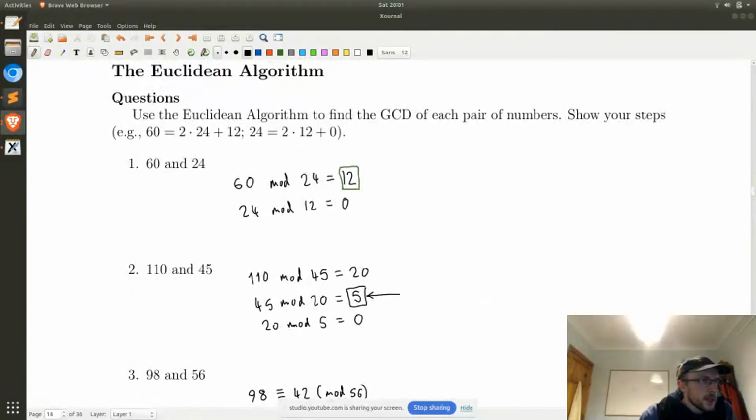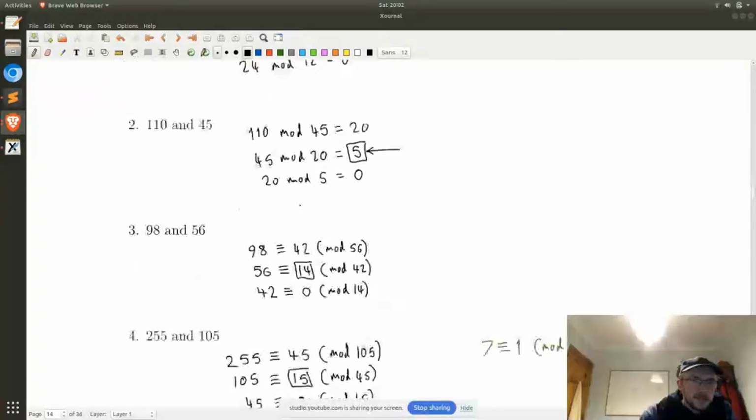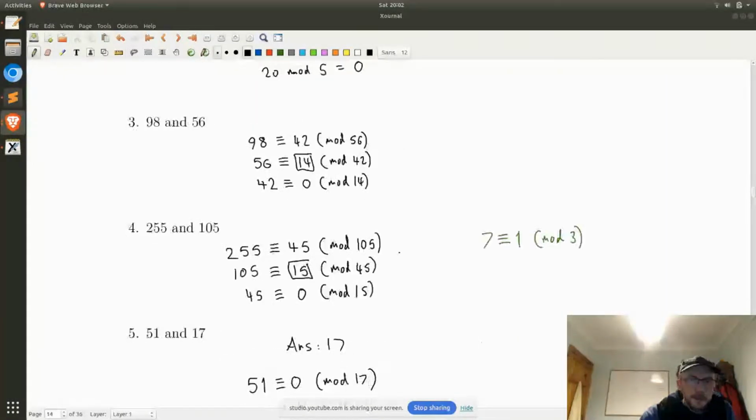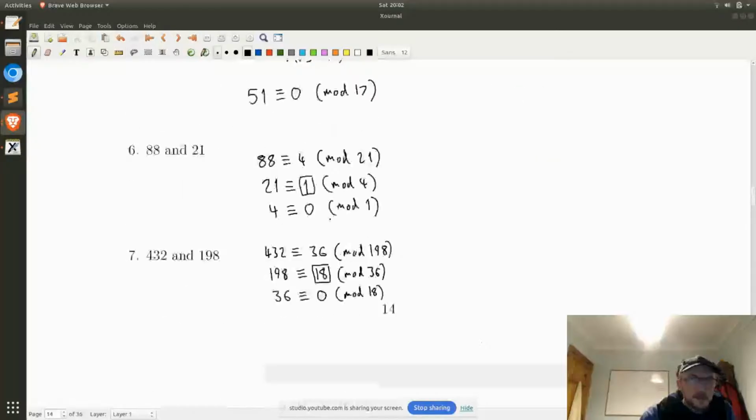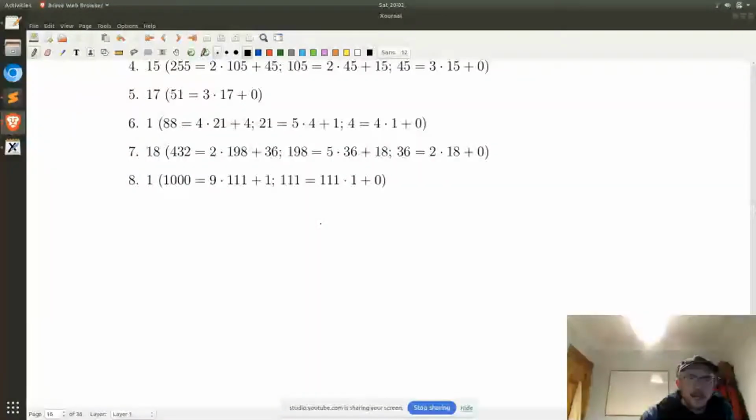12 for the first one, that's correct. Then 5. Okay, so it's the list. Then 14, then 15, that's all correct. 17 is fine. Then 1, 18, and 1, and that matters.